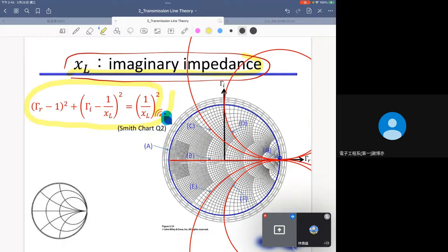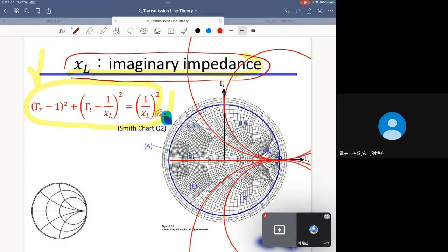Okay, we do everything the same, and you obtain this imaginary circle. And what can we do for an imaginary circle?